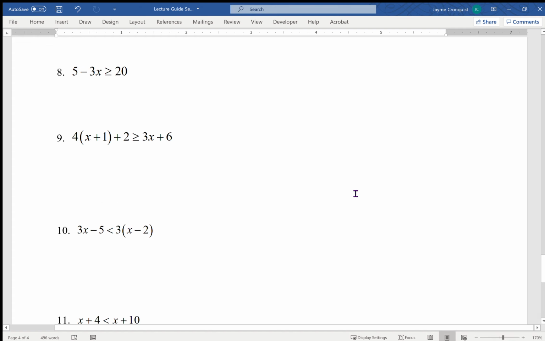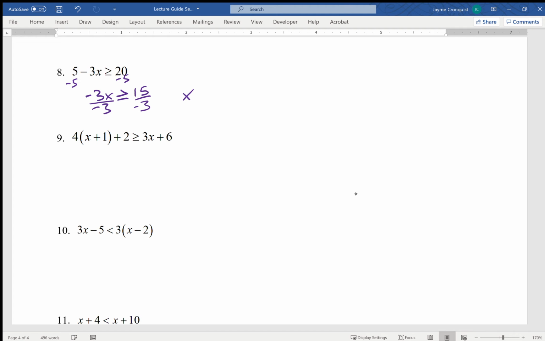Okay. 5 minus 3x is greater than or equal to 20. So I'm going to subtract the 5. I have negative 3x is greater than or equal to 15. Now I'm going to divide by negative 3, so I have to flip my sign. So x is less than or equal to negative 5. You can always check these by plugging in a number within the range.